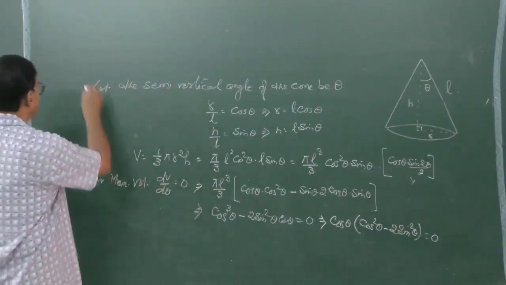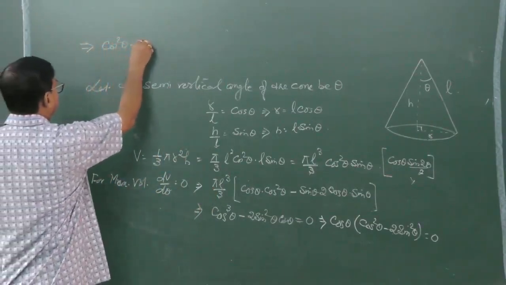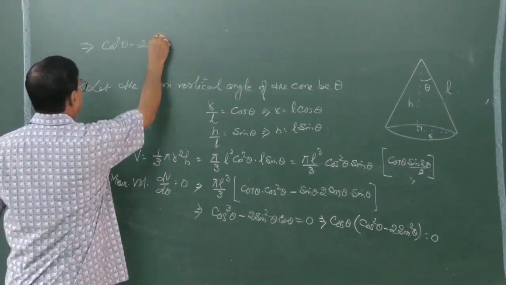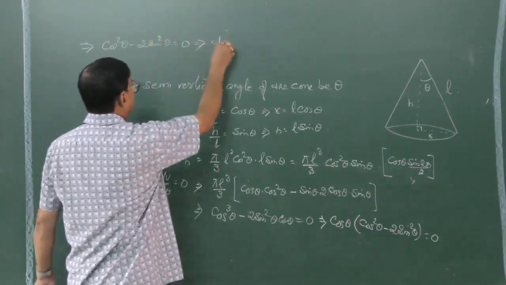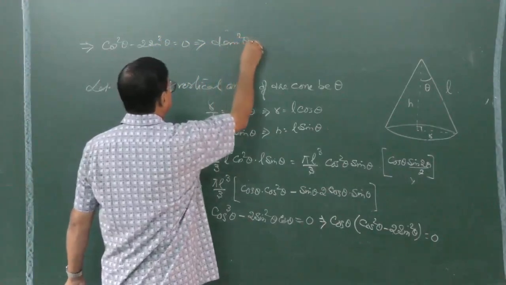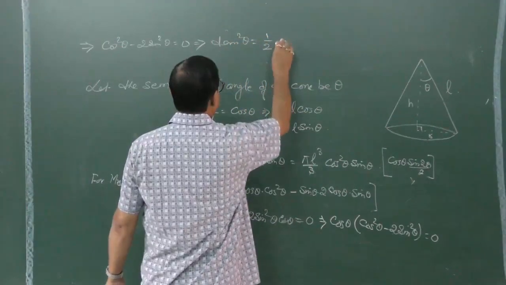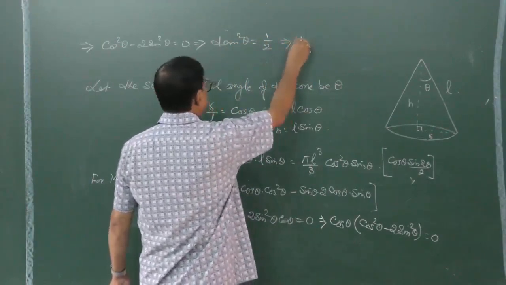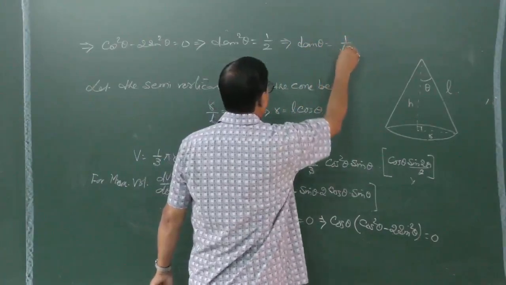So what we get is cos square theta minus 2 sin square theta is equal to 0. So tan square theta is 1 by 2. So tan theta is 1 by root 2.